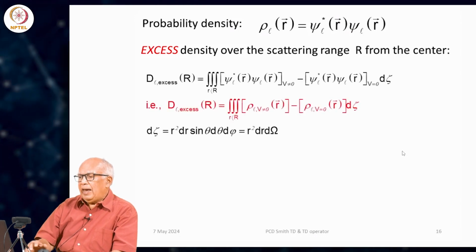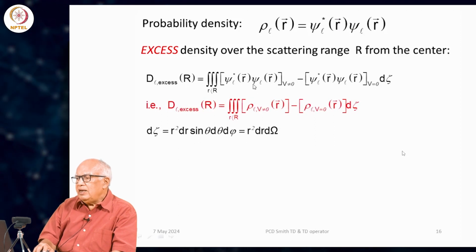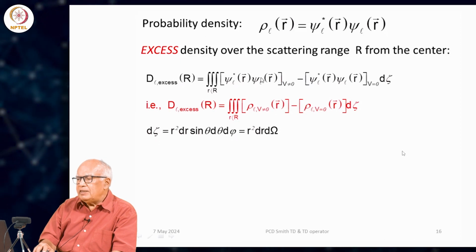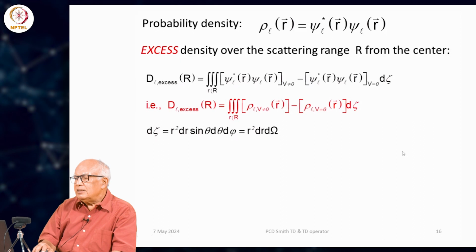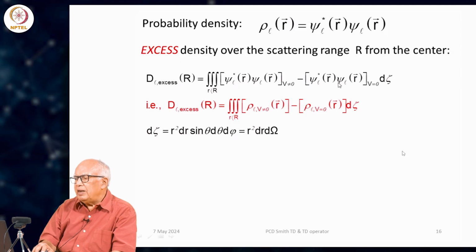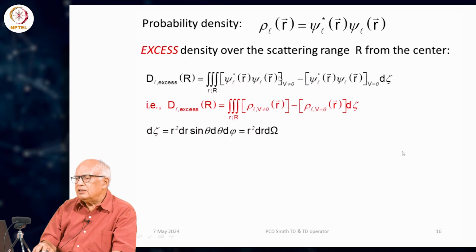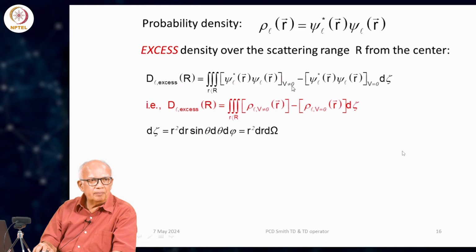So, the excess density is the integral of this probability density minus the corresponding probability density when V is 0. You subtract this from the probability density for V not equal to 0.